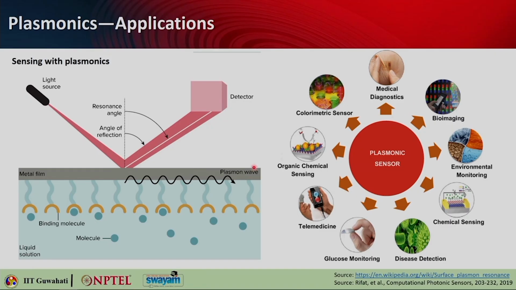All these things are possible because they are very sensitive to any biomolecules getting attached to the metal dielectric interface through which the surface plasmon is propagating. So if there is any change in the refractive index, there will be a change in the angle of reflection of light, and that will get detected. So this allows you to do very trace amount molecule detection using plasmonics.